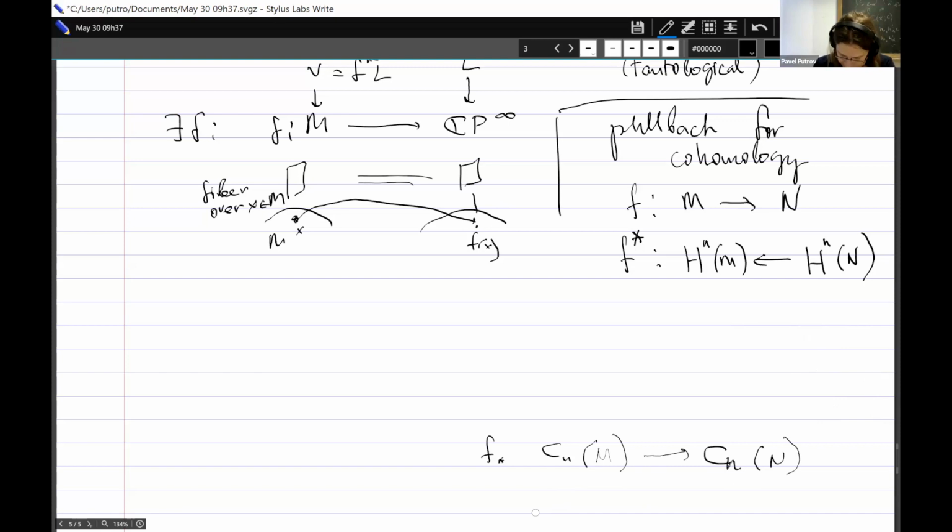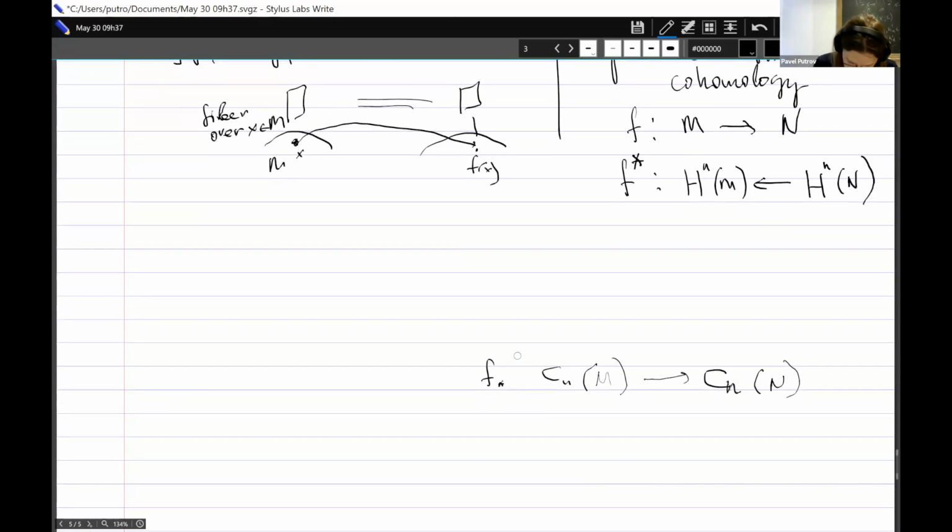So first statement is that we define a map F star just on n chains, by taking a generator and sending it to the composition like this. So alpha is a map from n simplex to m, and this gives a map from delta n.